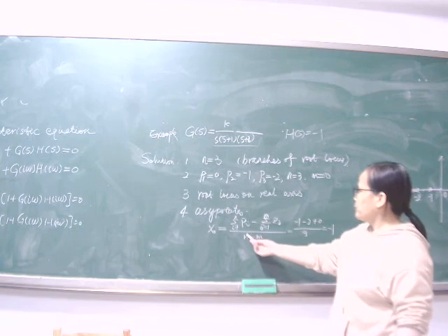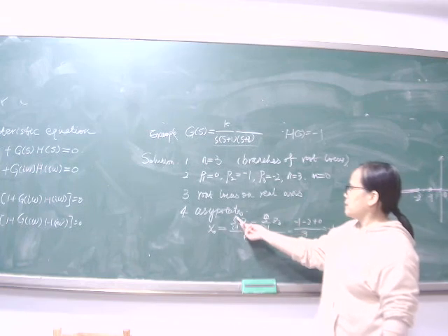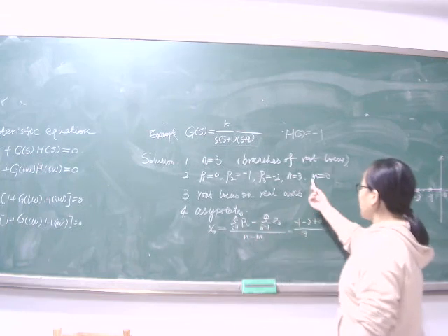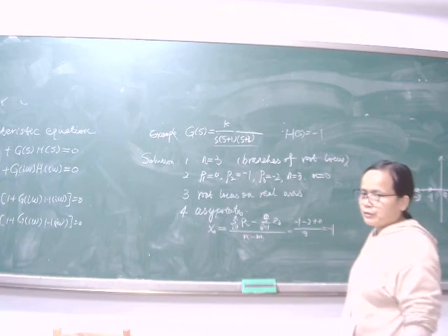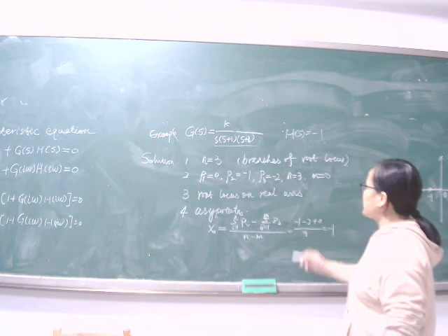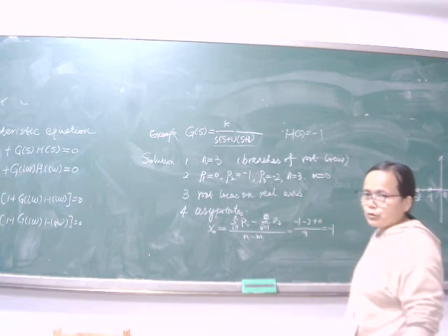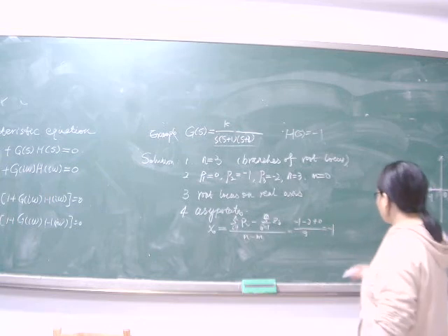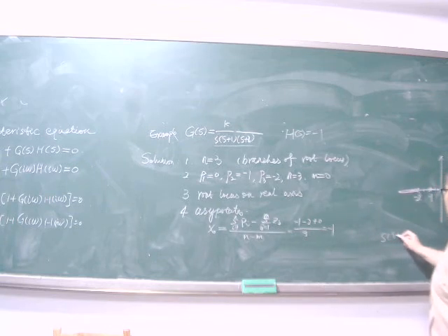In this example, the number of zeros is 0. You can see here, there is no zero.